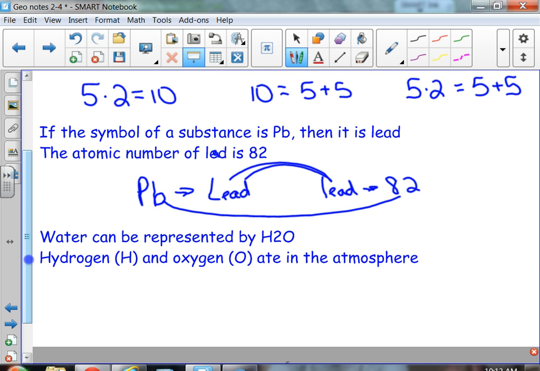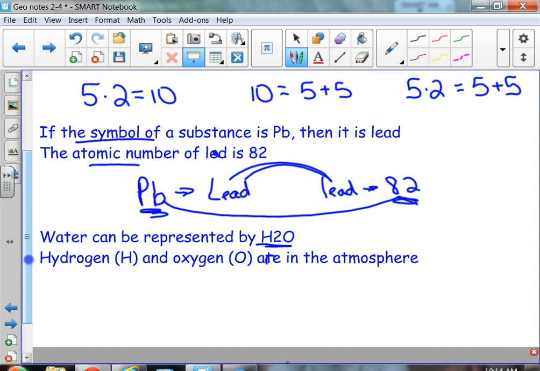Water can be represented by H2O. You all know that. Hydrogen and oxygen are in the atmosphere. Is there a conclusion to be made here? So here we made the conclusion, because of this first one and this second one, we could conclude that lead, or Pb, is 82.